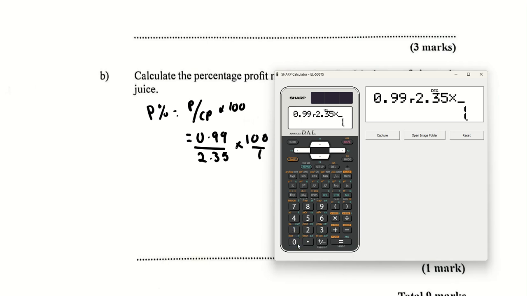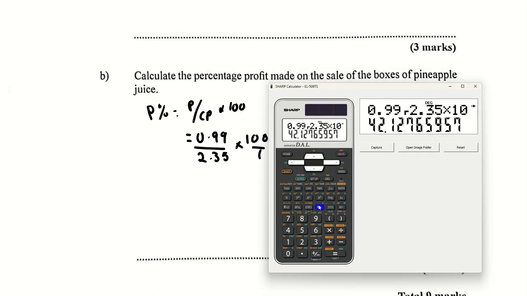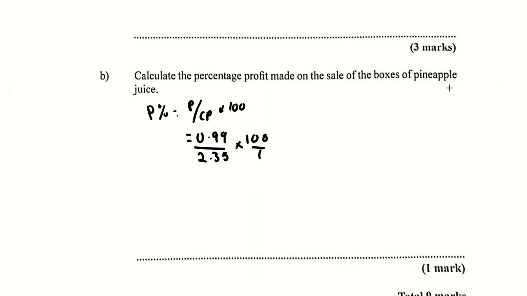multiplied by 100 is equal to, you could leave it as a fraction if you want to, or you could put it as a decimal, just depends. They didn't really say, so I would leave it as a fraction just to give the exact answer. 42 and 6 over 47%.